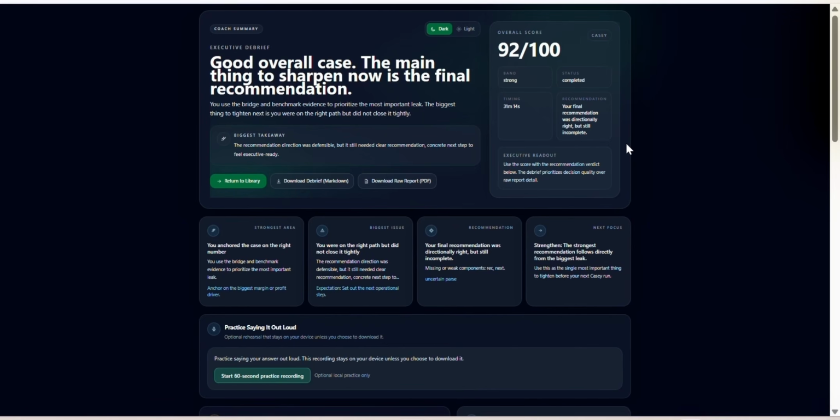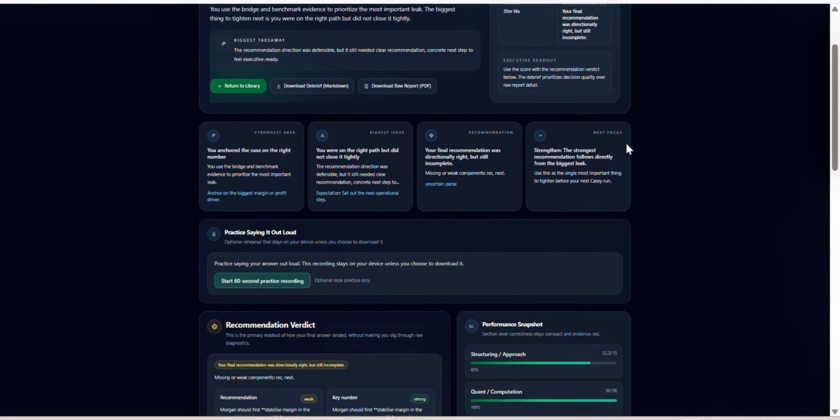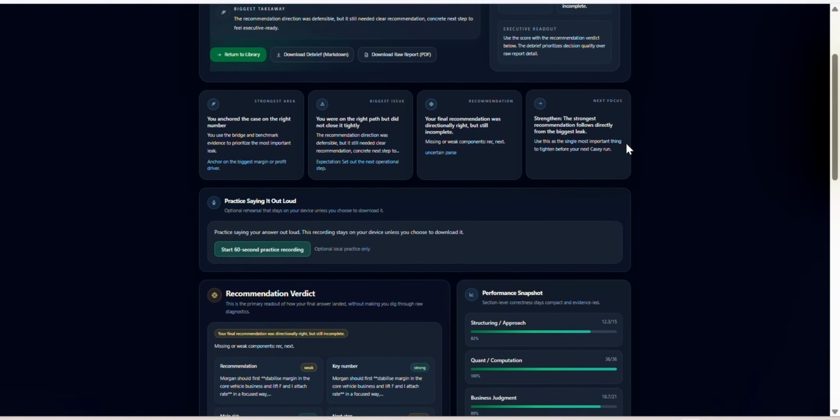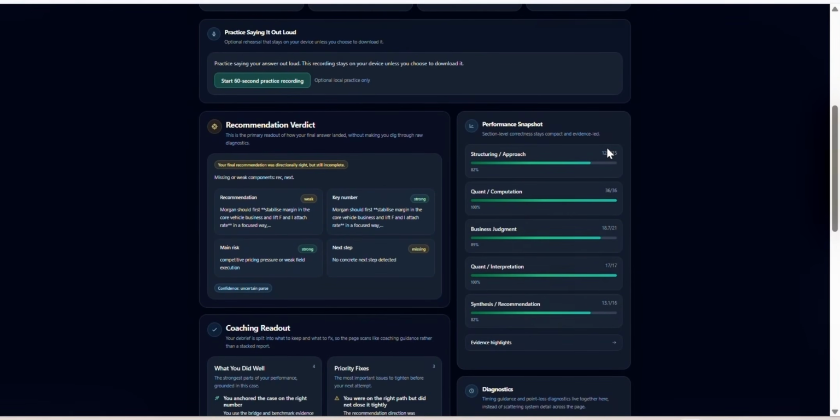We have a debrief that tells us that it was a good case overall, and the main thing that we need to sharpen now is the final recommendation. The coach tells us what exactly we need to sharpen about our final recommendation. It tells us different metrics, our strongest area, the biggest issues we have, and what we should focus on next. So for us, it was our recommendation.